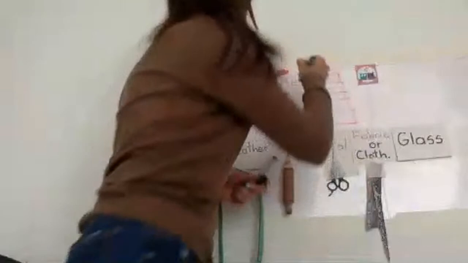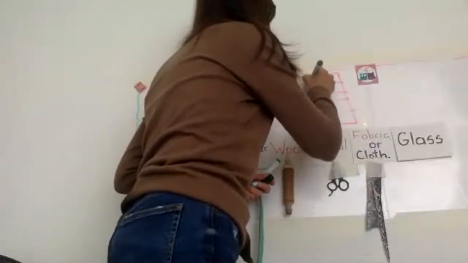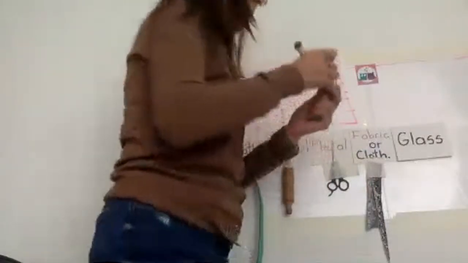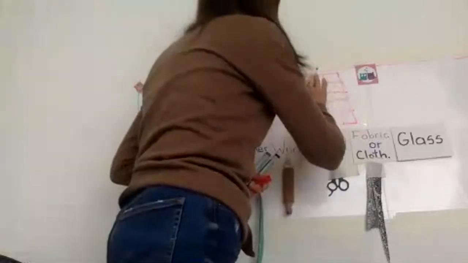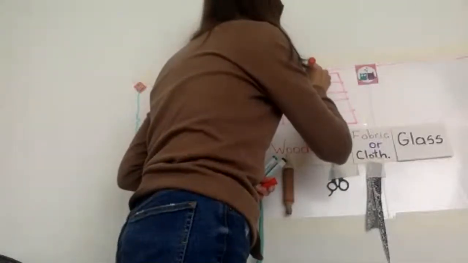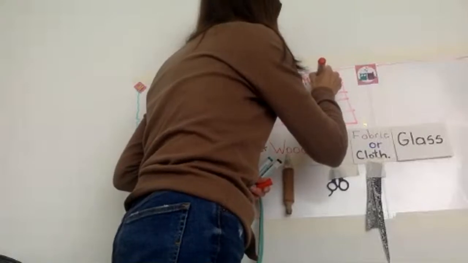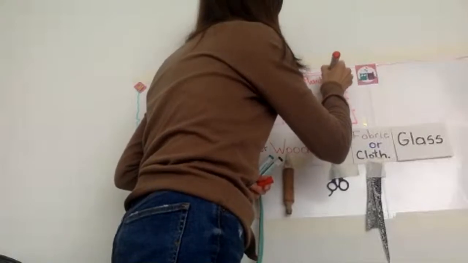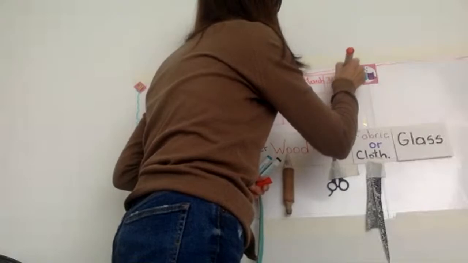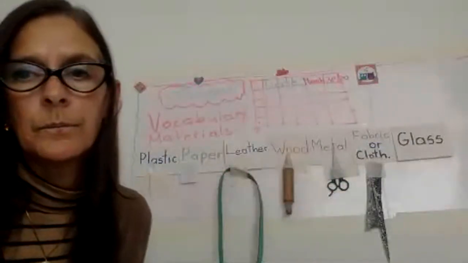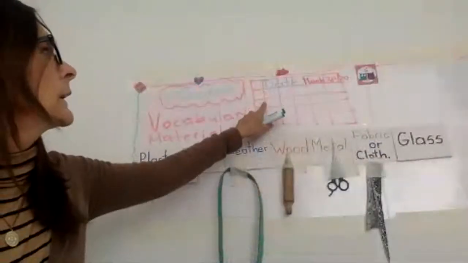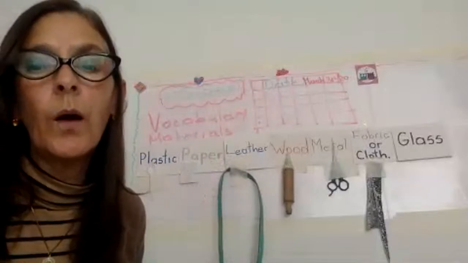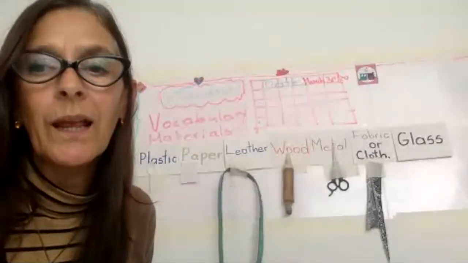March. Let's use the red one. March 31st, 2020. Okay. Yes? Now we go to the next dot and we're going to write down the word theme.